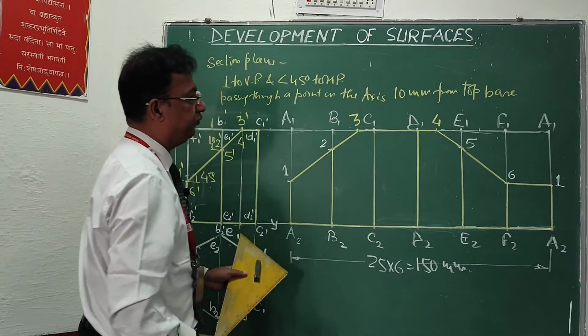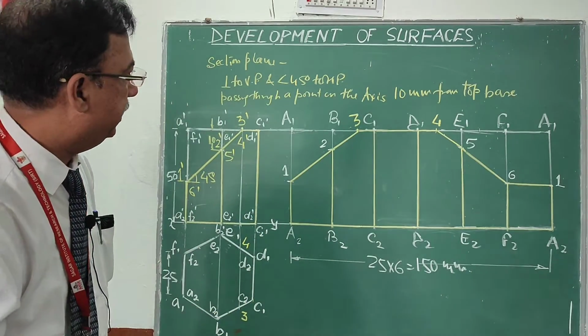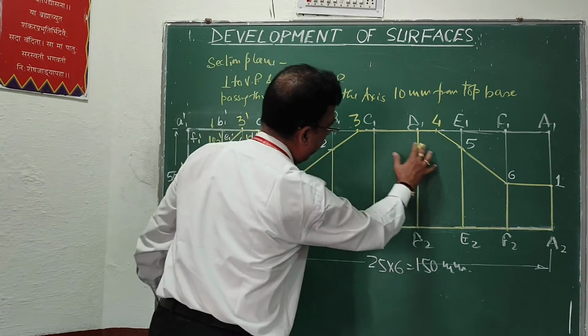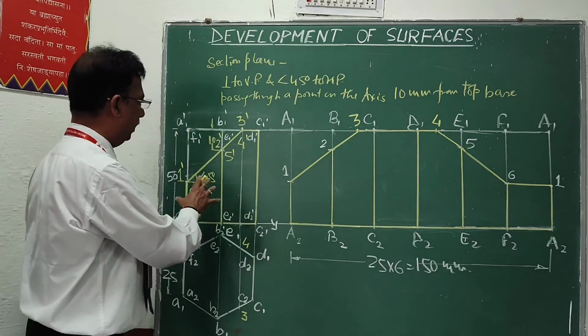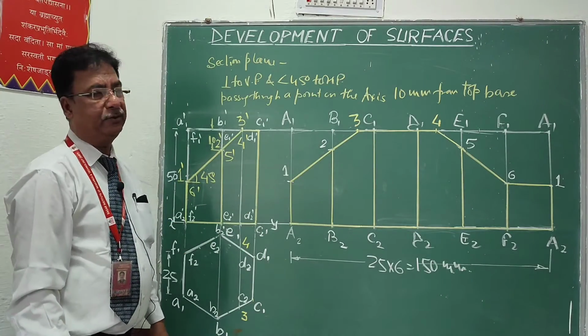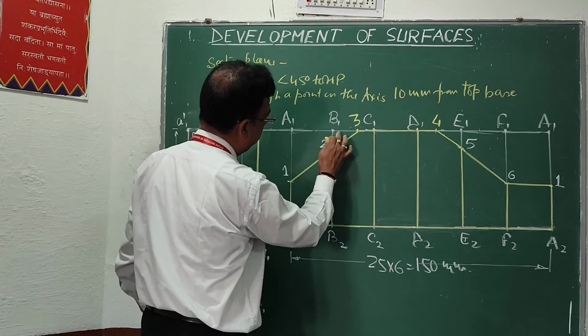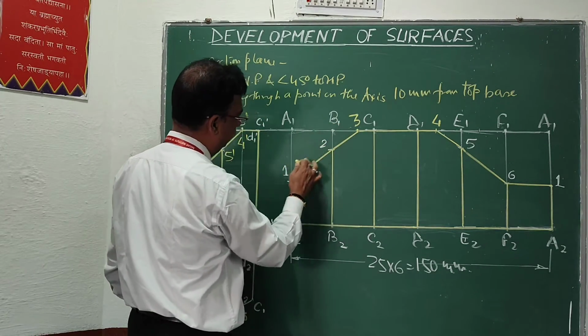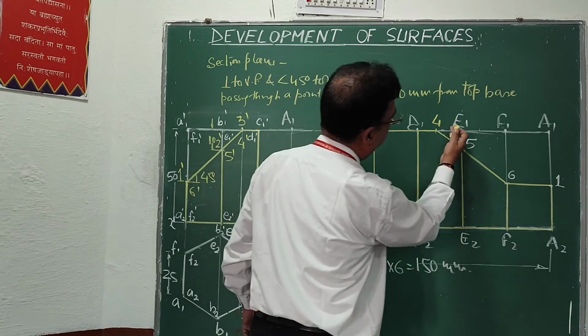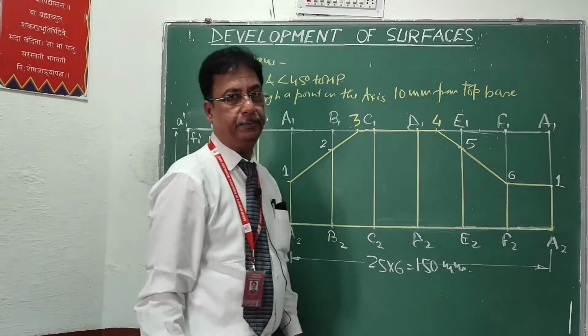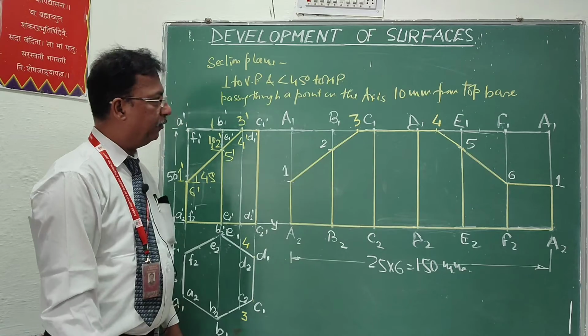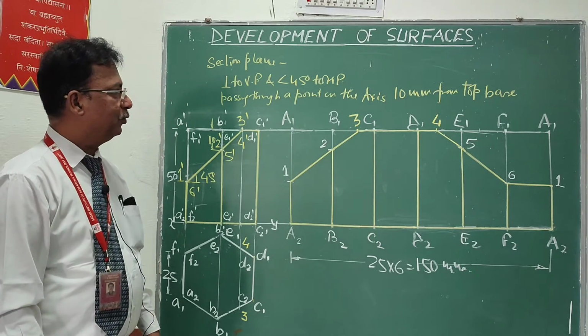So now look at this figure. This is the development, this yellow part, that is the development of this cut part of hexagonal prism. Here in the solid that part will be removed. In this development, this A1, B1, 2, 1 part will be removed, and same way the opposite side the part will be removed. So this is again one of the simplest methods to draw the development.